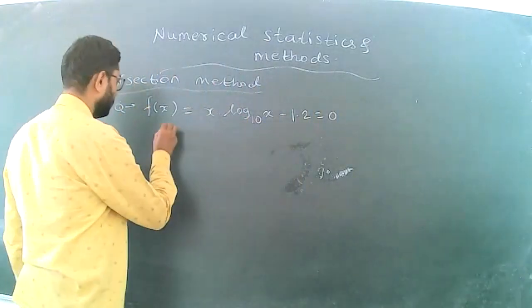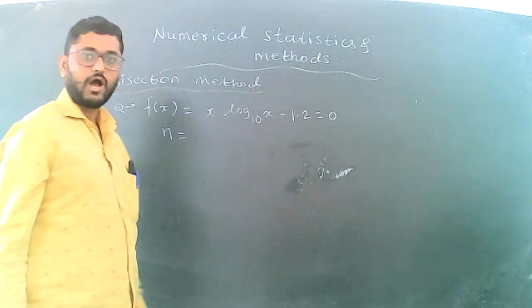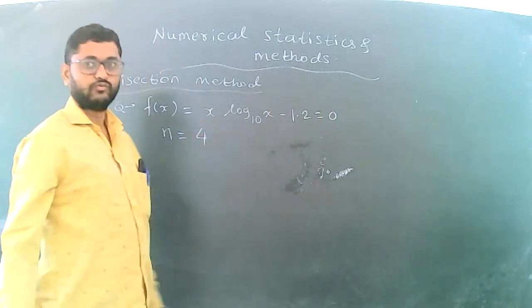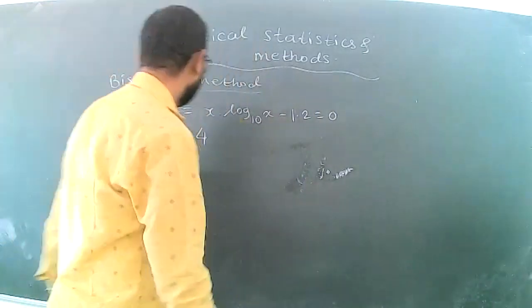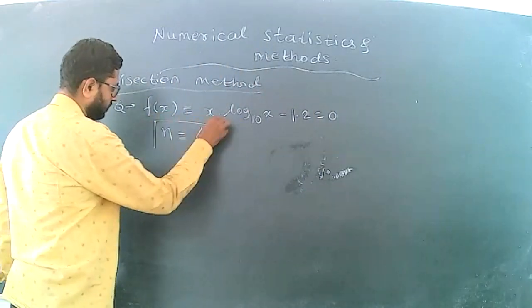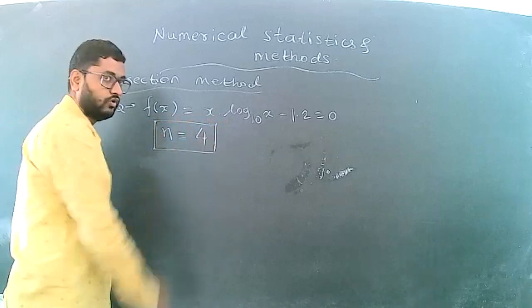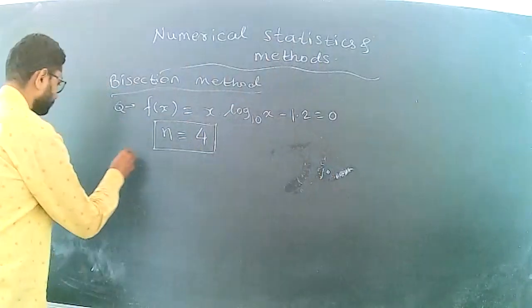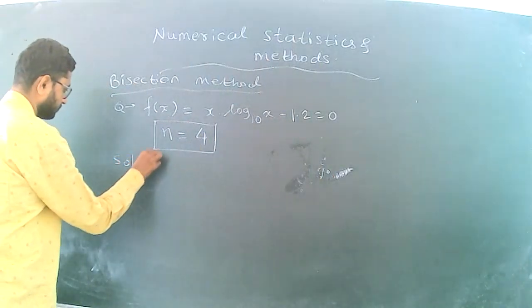The function equation is given and we have to perform 4 iterations, finding the root of the equation up to 4 iterations.